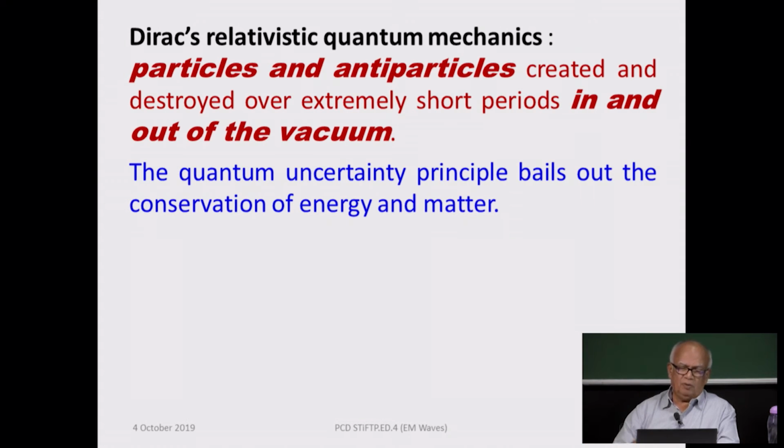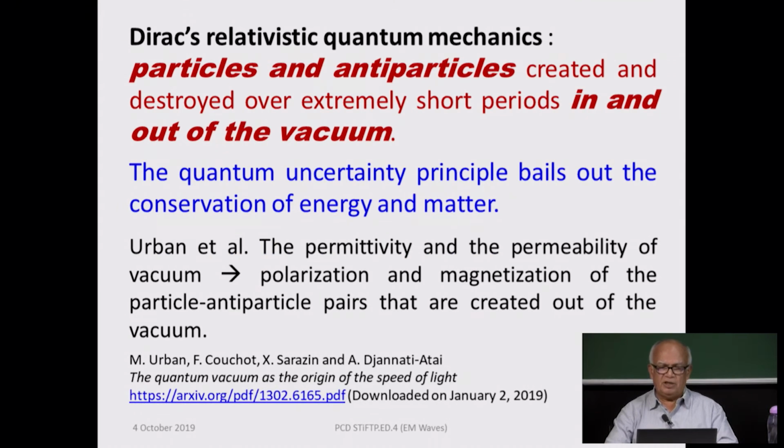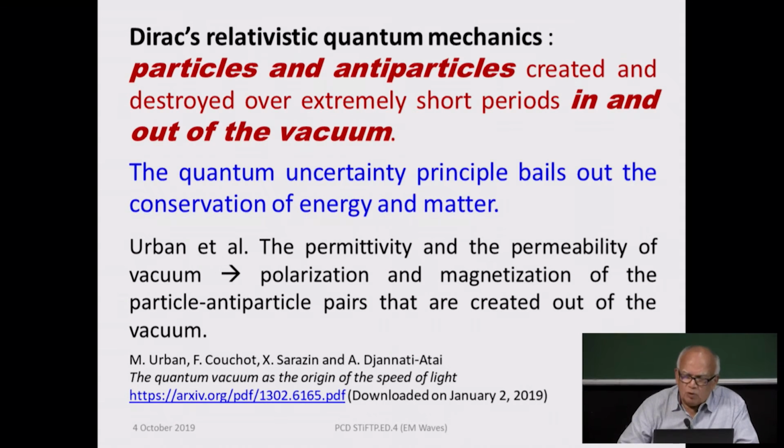They may also explain how vacuum can provide an impedance for the propagation of electromagnetic energy, because these things are measurable. And I will not be able to go into the details of this work, because this is obviously an advanced topic. It needs quantum mechanics, it needs relativistic quantum mechanics. But if some of you are interested, you may want to see this paper by these authors. The reference is at the bottom.